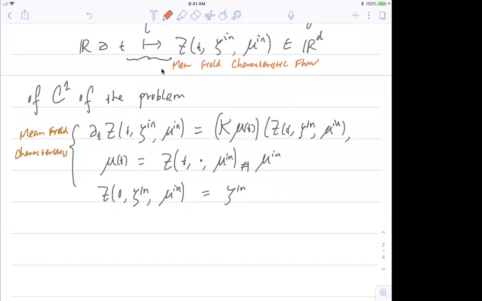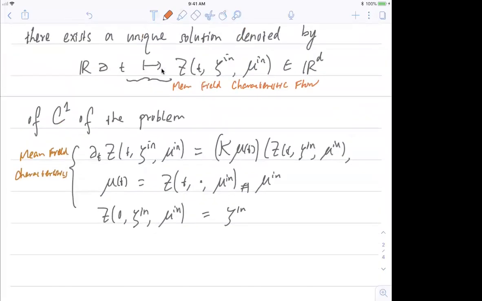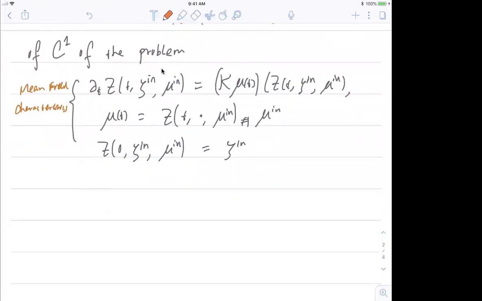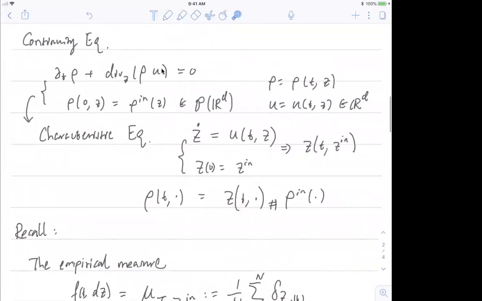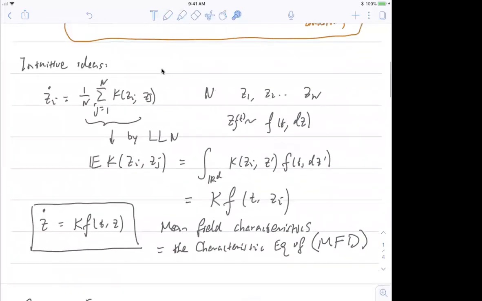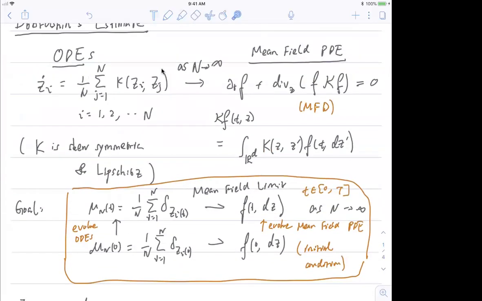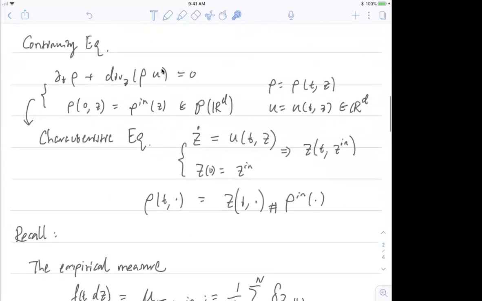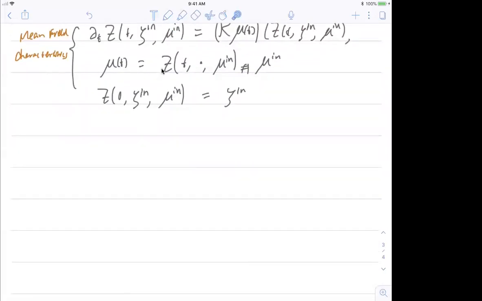Okay, so of course, this can be right. Since this is already right, if you just choose mu initial as the f initial here for this equation, we can just follow the characteristics and give you the solution of the mean field PDE. And also, this can be checked directly by the uniqueness part of this theory.